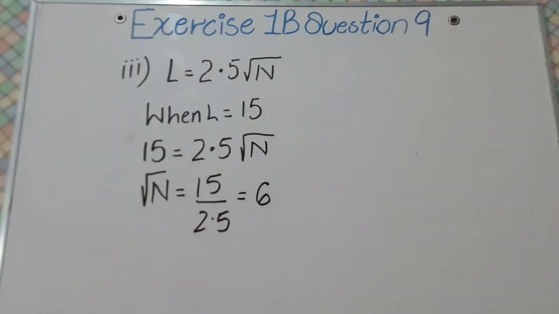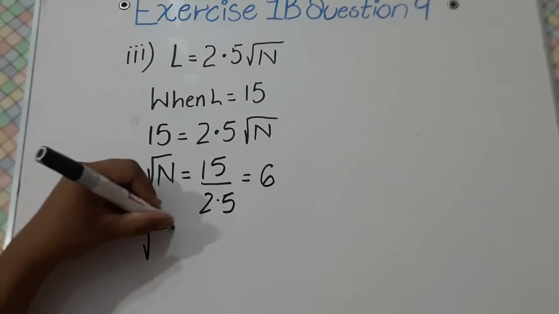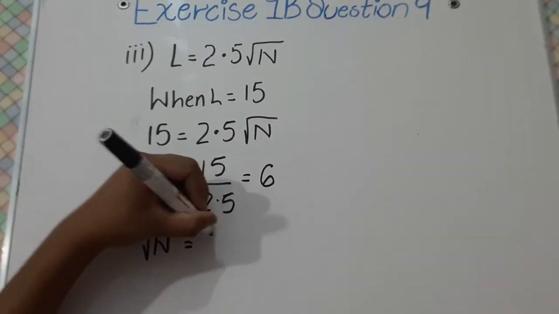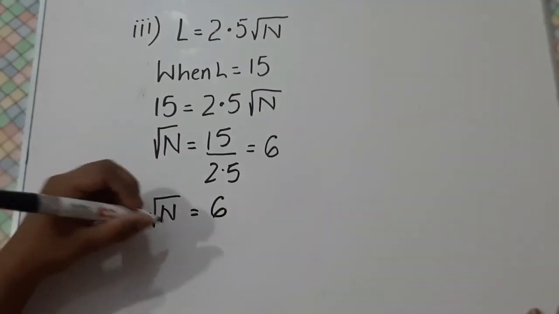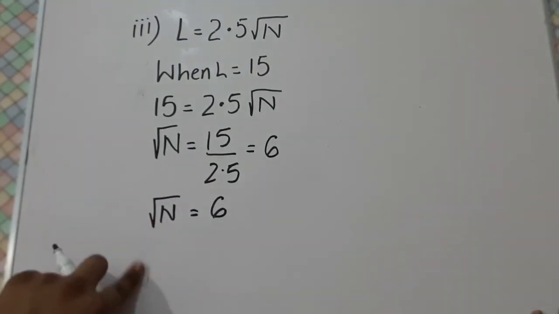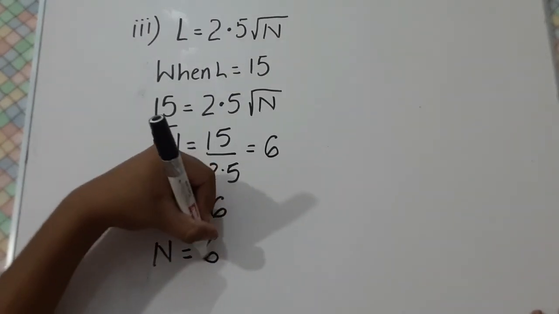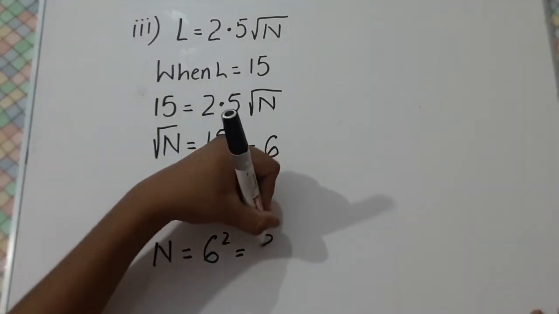But this is not the final answer. 6 is not the final answer, because if we read the main question, they have given n under square root. So we need to give the answer of 6 in square root also. So under root n equals 6. If we remove the square root over here, if we write n simply and shift the square over here, 6 squared is 36.